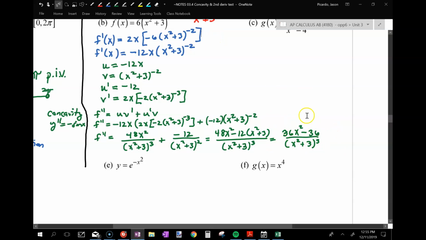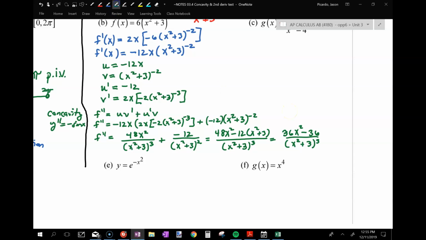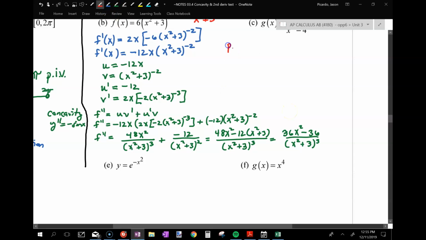So can this ever equal 0? Well, it would equal 0 if the numerator did, right? And that would give me a PIV. So my potential inflection value is where this equals 0.